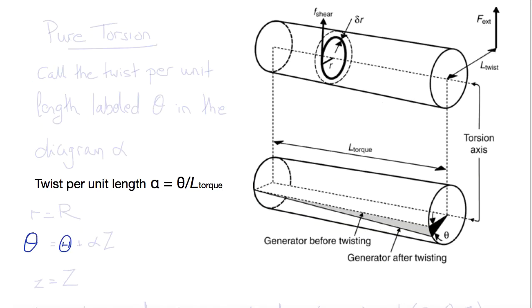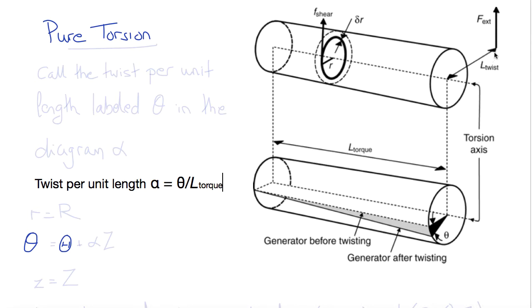This next example of pure torsion is most easily done in cylindrical polar coordinates. So imagine we have a cylindrical bar, or it could be a tube here, with constant radius and length shown here as L torque.